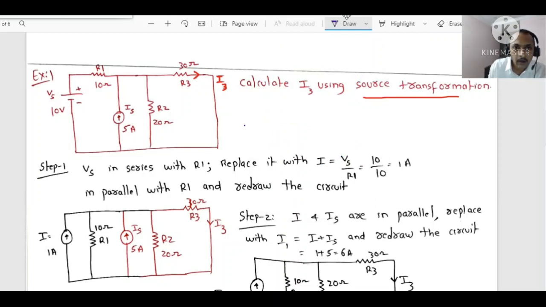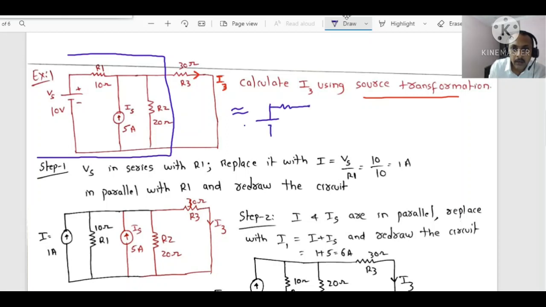Whatever circuit is there up to this part, from here to here, this entire part is to be brought into either a single voltage source in series with a resistor, and there we can connect our remaining part, this R3, or into a single current source in parallel with a resistor.